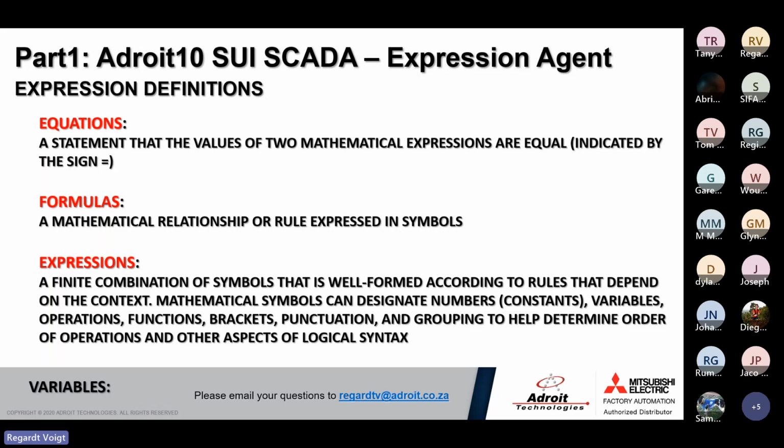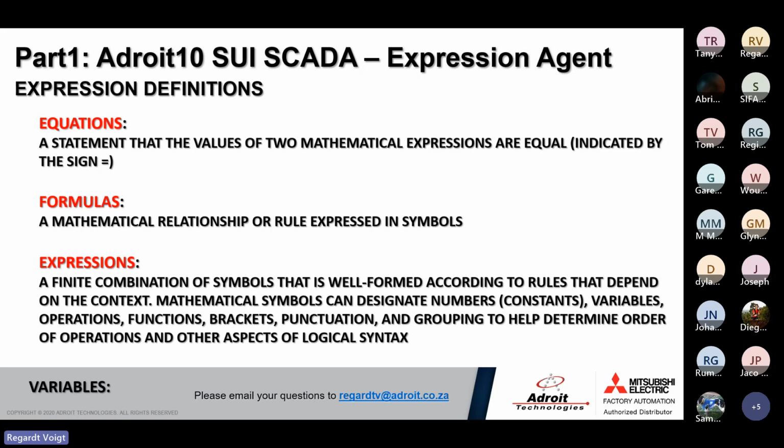An equation is a statement of two mathematical values or expressions that can be equated to each other via an equal sign, meaning that you don't need to have a constant on either side. You can have mathematical expressions on either side of the equal sign. So that is the equation.